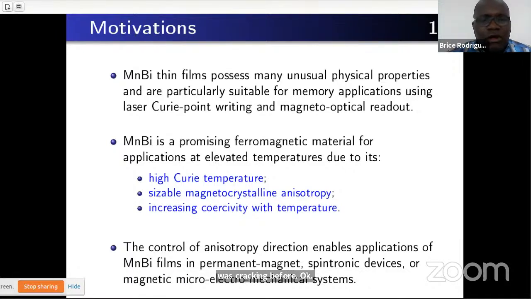The control of anisotropy direction enables application of manganese bismuth films in permanent magnets, spintronic devices, or magnetic mechanical systems.